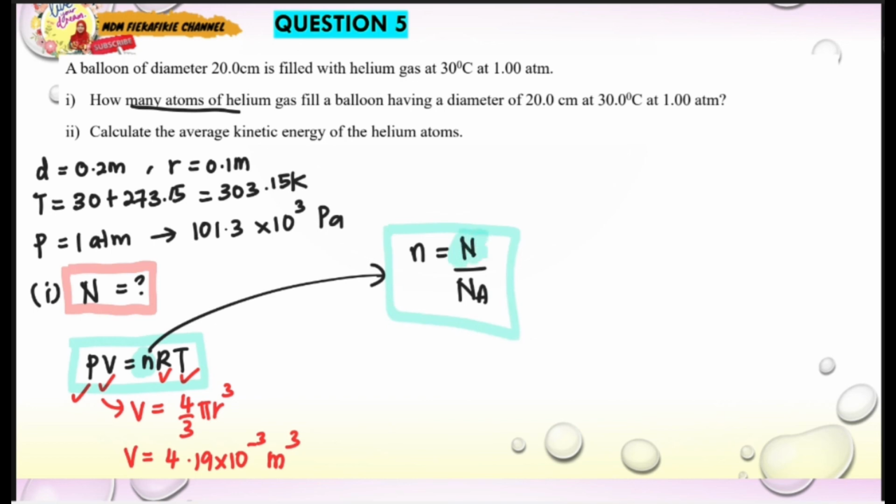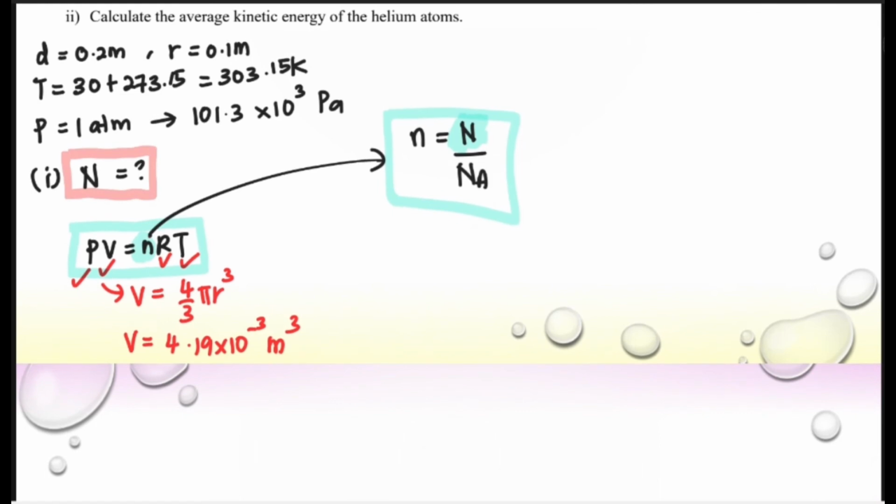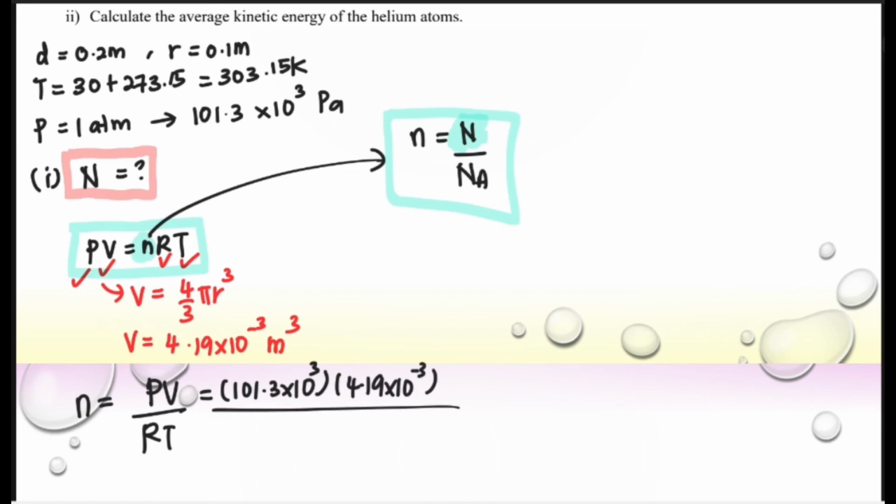Okay, so kita boleh gunalah formula ni untuk cari this one. Kita cari dulu the number of moles, n is equal to PV over RT. Okay, so substitute all the values dulu. P kita dah ada 101.3 exponent 3. Volume dia tadi 4.19 exponent negative 3. 8.31 and then the temperature 303.15 Kelvin. So the number of moles you akan dapat 0.168 moles.